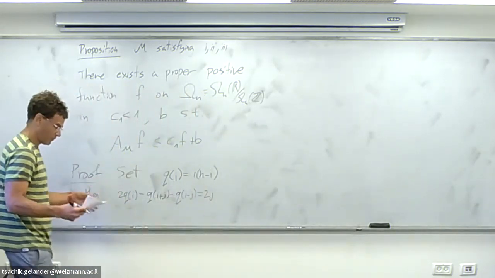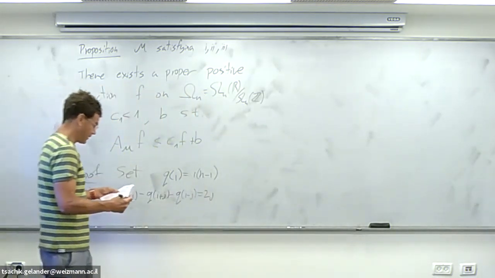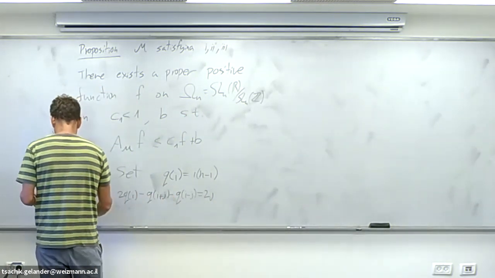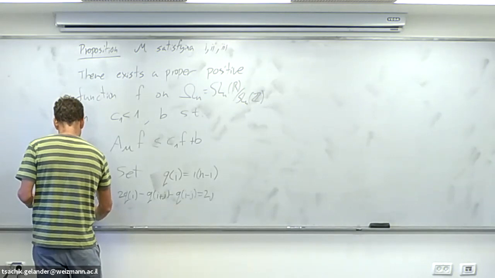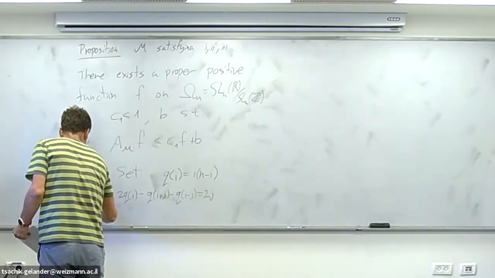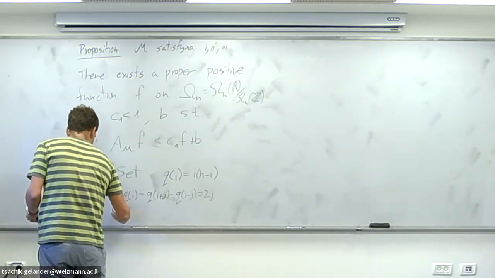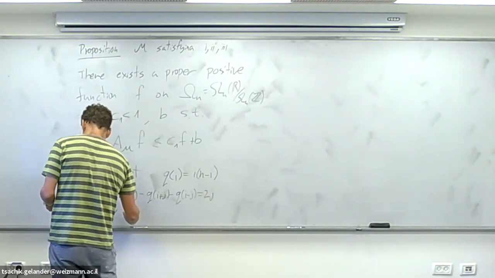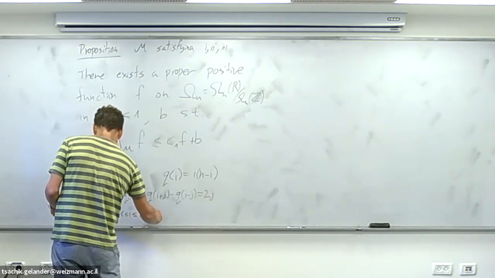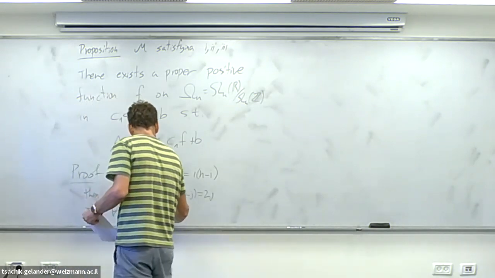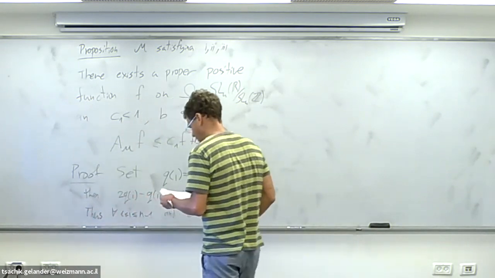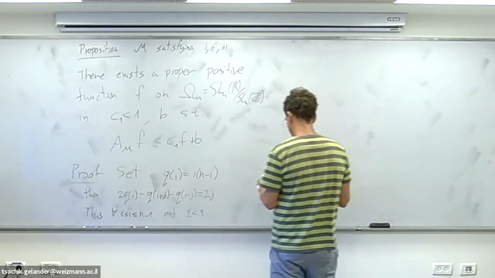Let's leave it for you. Therefore, for every I between 1 and n minus 1 and epsilon which is smaller than 1, we have the following.